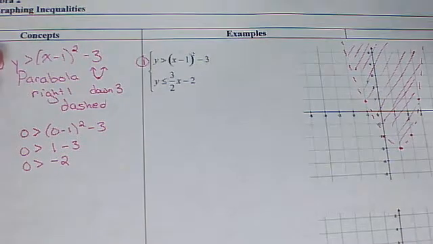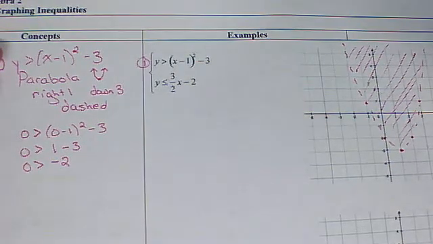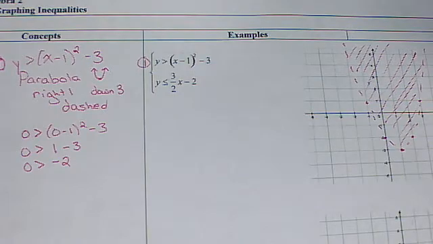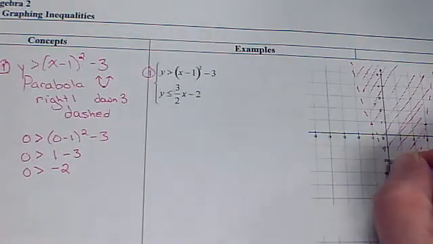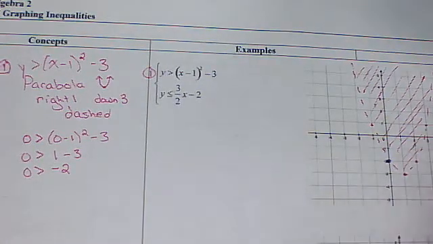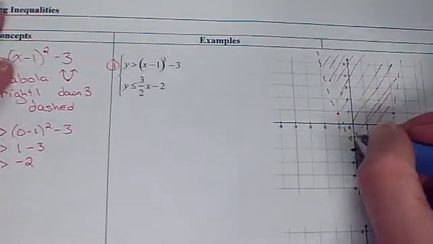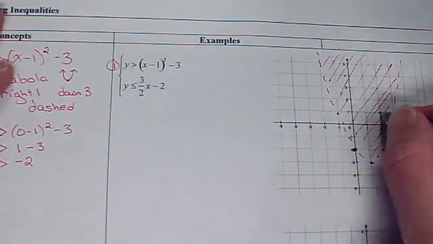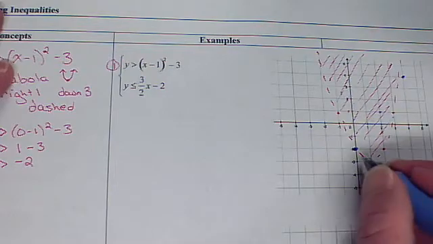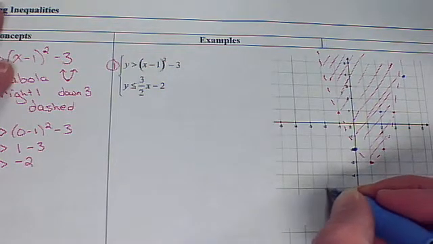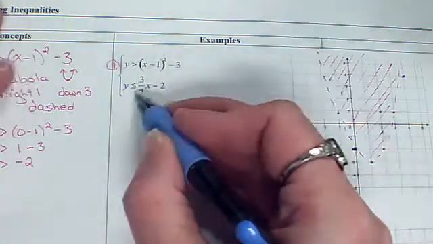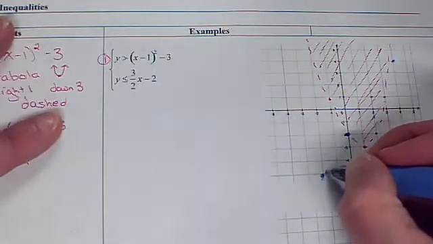Okay. Now luckily the next one is just a regular old line, which we're happy about. It has a y-intercept of -2. It has a slope of 3/2, so up 3 over 2, and we can go back, down 3, back 2. It is or equal to, so that means we are going to have a solid line.